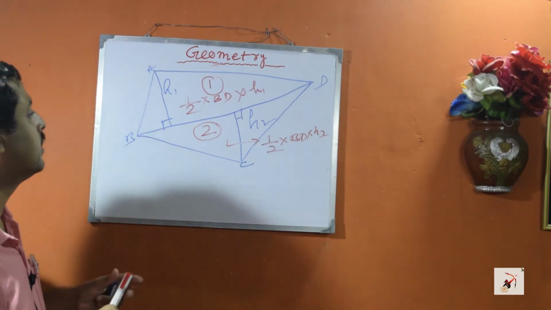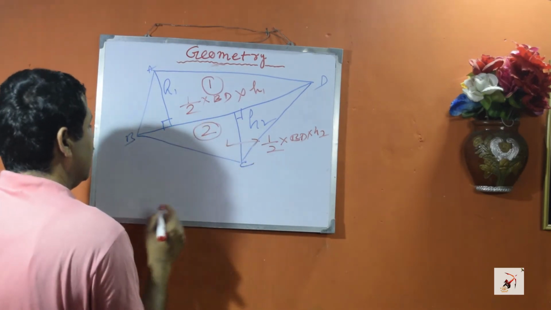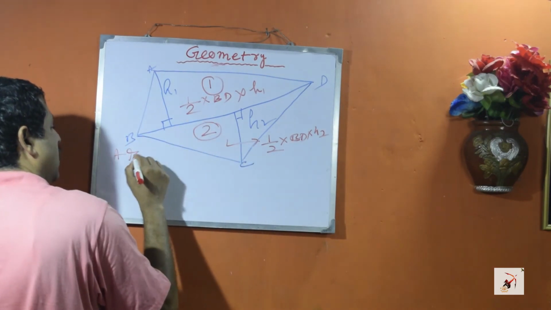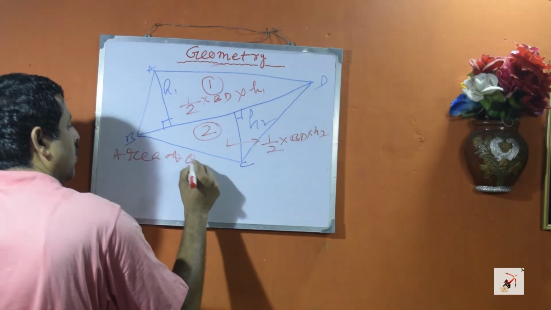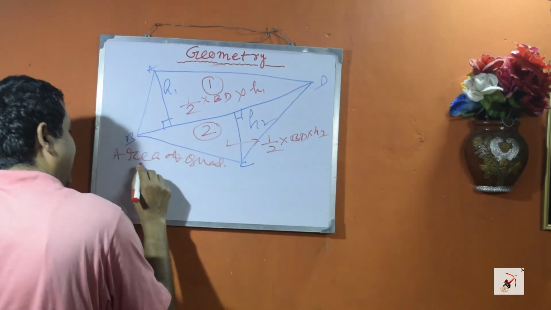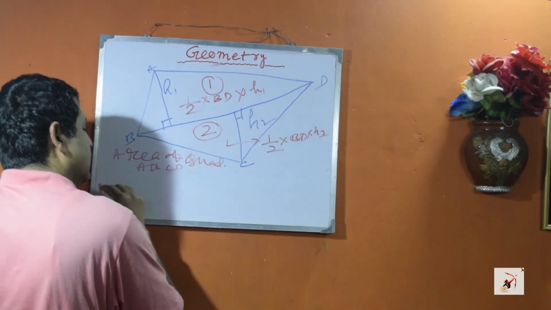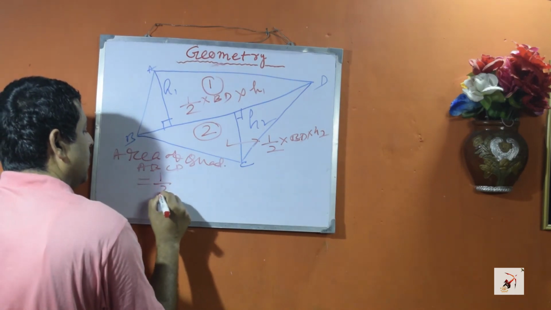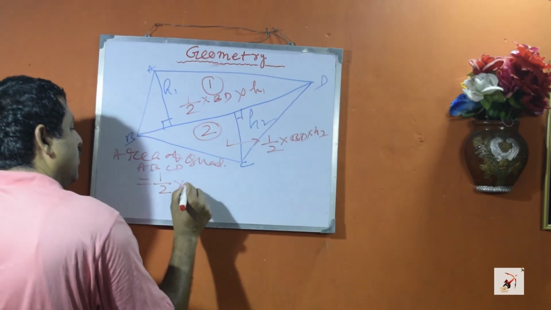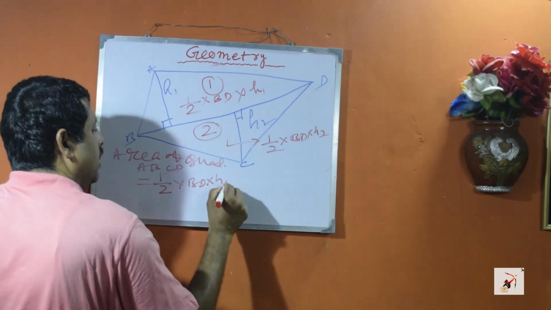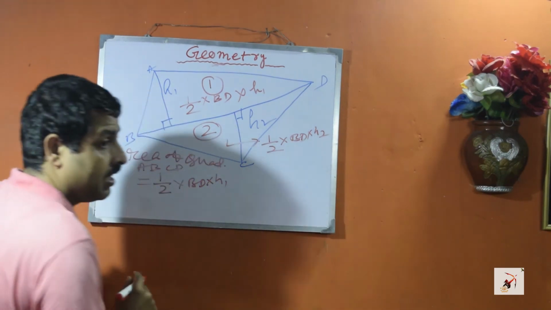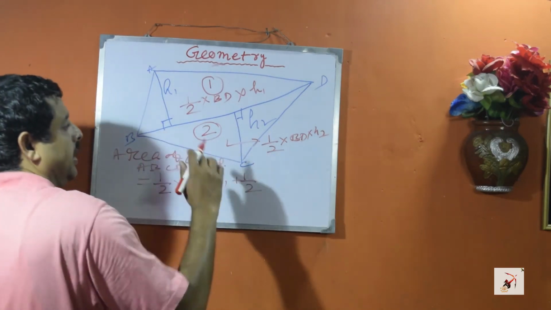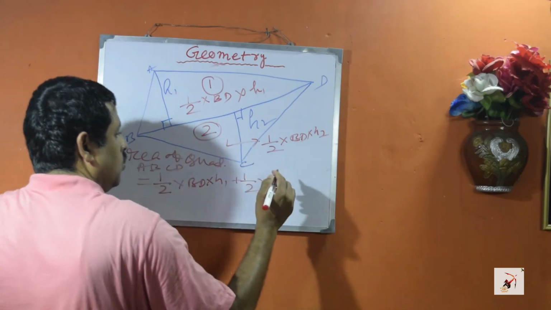Now if I take the sum of these two areas, we get the total area of the quadrilateral. Area of quadrilateral ABCD is half of BD into H1, that is the area of triangle number 1, plus the area of triangle number 2.